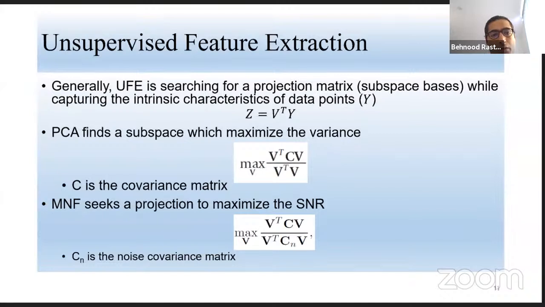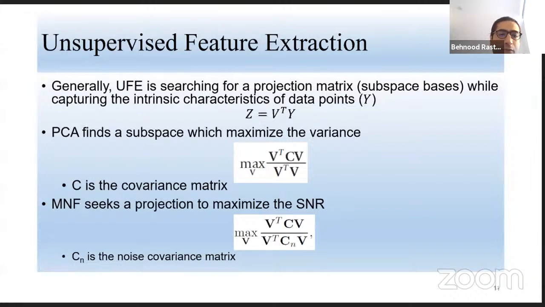So in unsupervised feature extraction techniques, you're searching for a projection matrix, or subspace bases as they are sometimes called, while capturing the unrestricted characteristic of the data. For instance, in PCA we're searching for a subspace which maximizes the variance, where C is the covariance matrix.